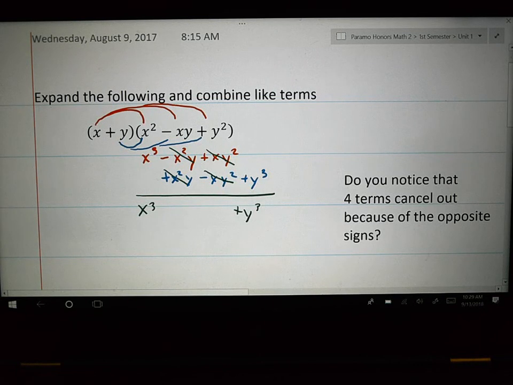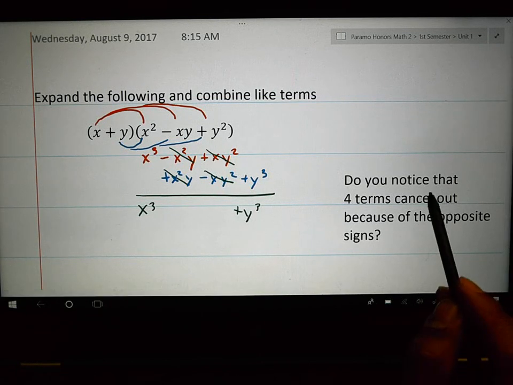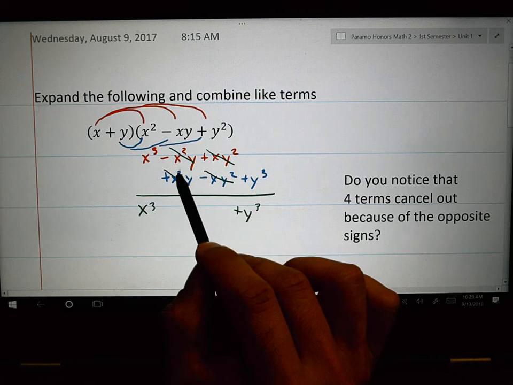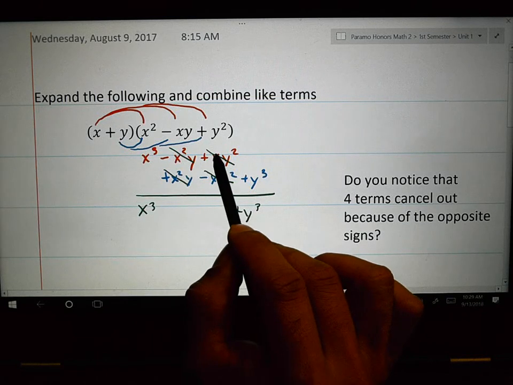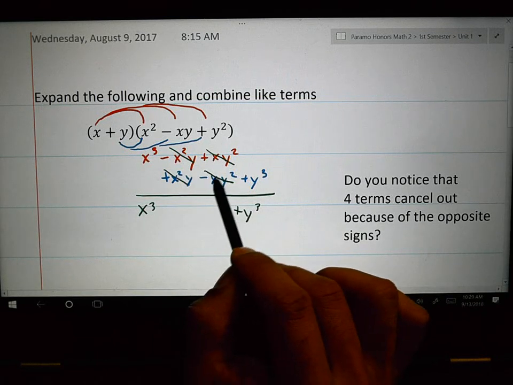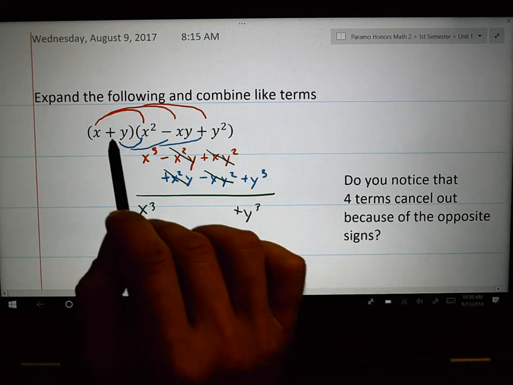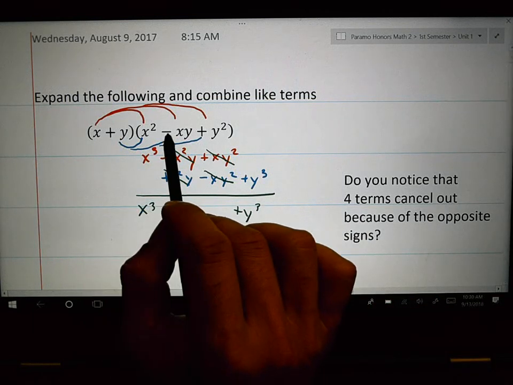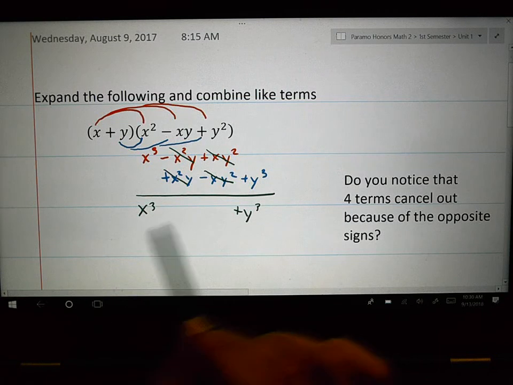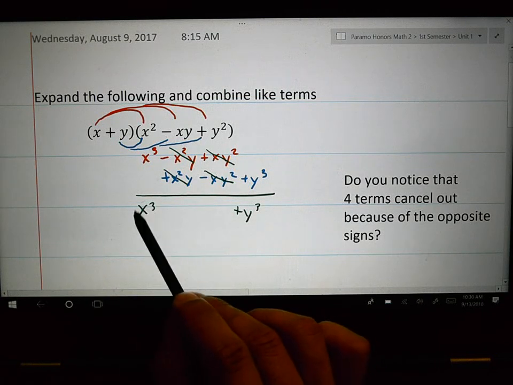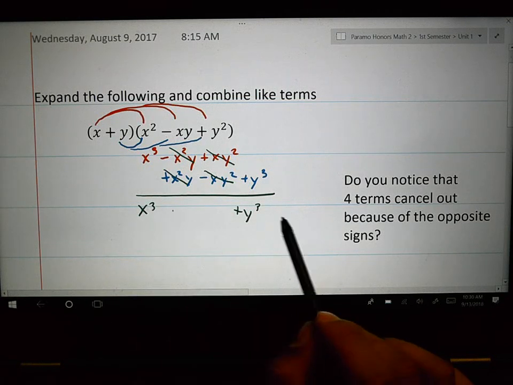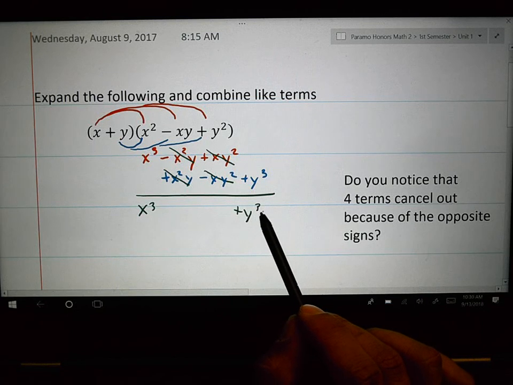What this should show you is we can get the second and the third and the fourth and the fifth terms to cancel out. There are 4 terms that will cancel out because of this plus sign and this minus sign. And this end product is something to the third power and something to the third power.